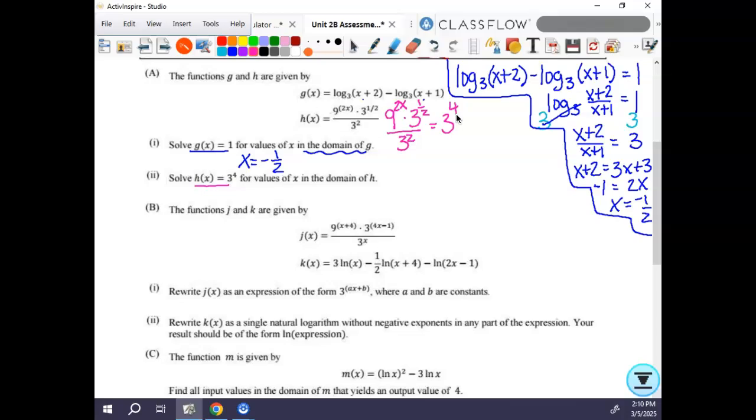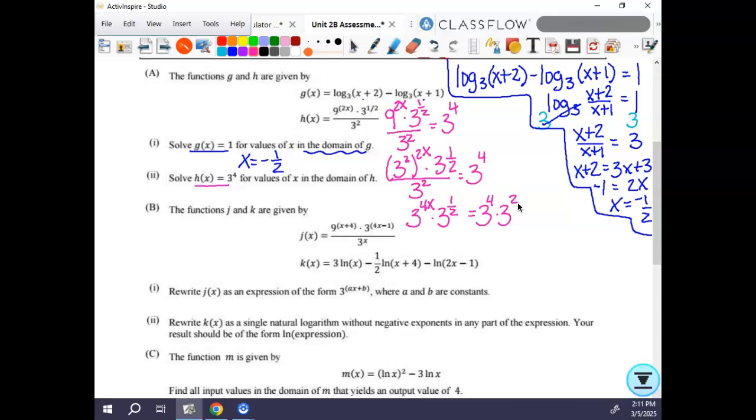So that 9, I'm going to make it into a 3 squared, to the 2x power, times 3 to the 1/2 power over 3 squared equals 3 to the 4th. Okay, everybody with me so far? So over here, this can become 3 to the 4x times 3 to the 1/2. And then I'm going to multiply both sides by 3 squared. And that's going to give me 3 to the 4th times 3 squared.